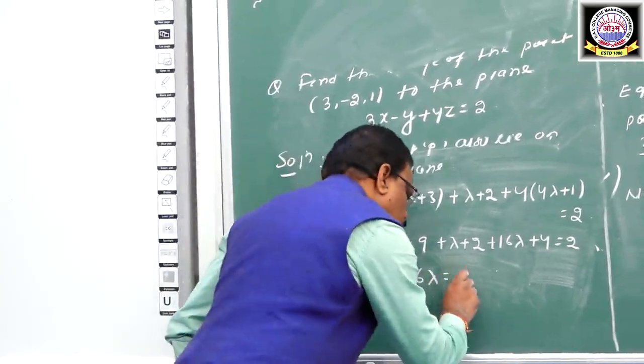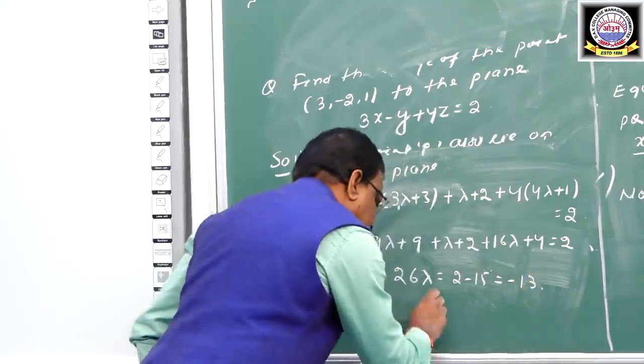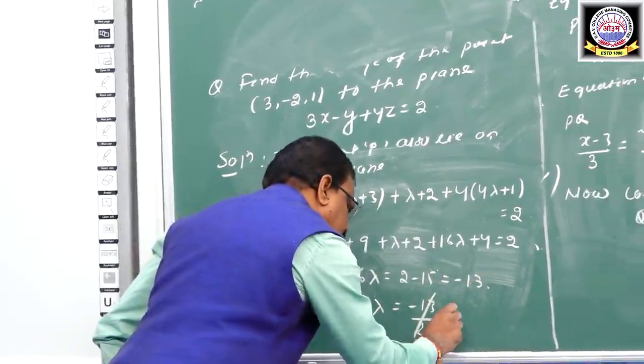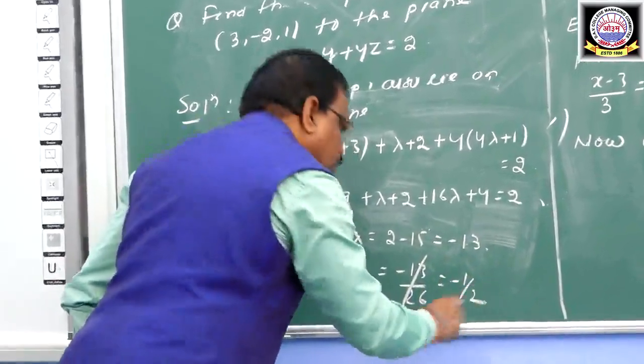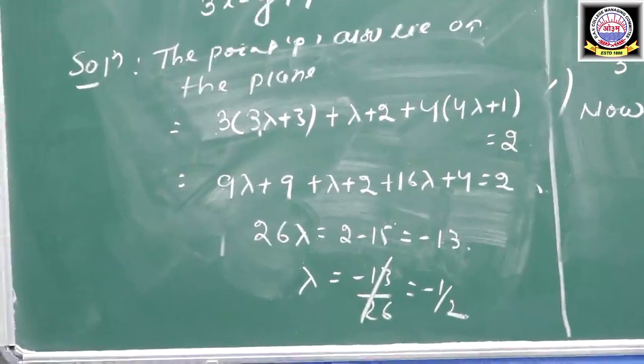So 2 minus 15 is minus 13. So lambda is equal to minus 13 by 26, that is minus 1 by 2.